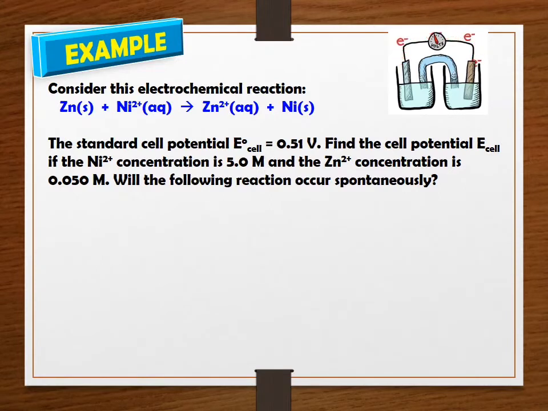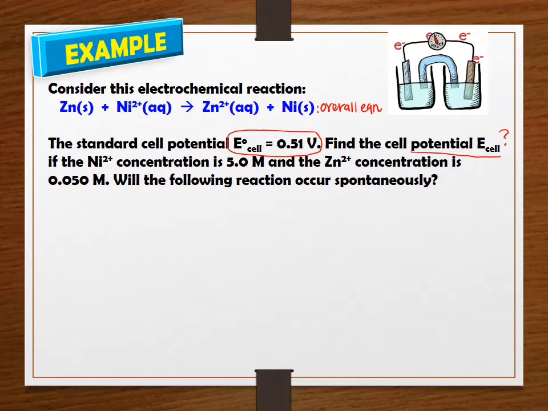This is the overall equation for this reaction, and then we have the value of E0 cell here. So you do not need to calculate the E0 cell anymore. If it does not give E0 cell, usually it will give the value of E0 cathode or E0 anode, so you can calculate the value of E0 cell. And then the question asks you to find the cell potential. We want to find E cell.